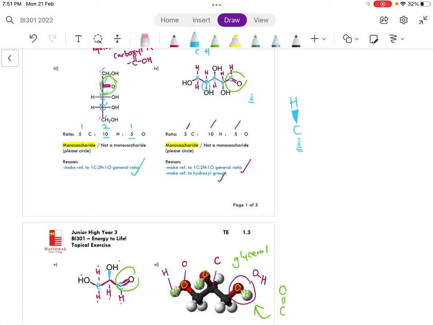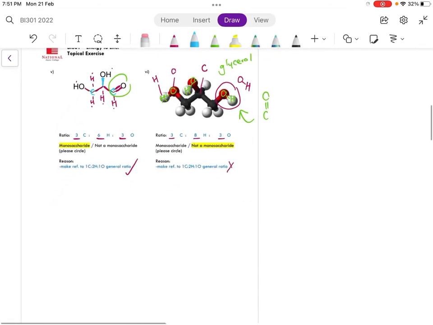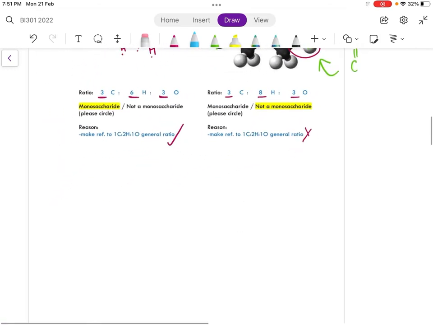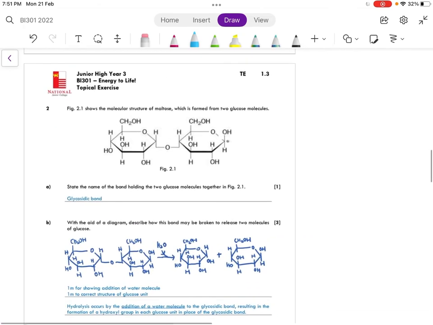If I draw something like that, it means that it's pointing away from the plane of the paper or the screen. And if I just do something like that, it means that this carbon, hydrogen, and hydrogen are on the same plane. So sometimes we use triangles to represent different planes of where it is pointing away or towards you. Not that critical for biology, but in chemistry you encounter it more.